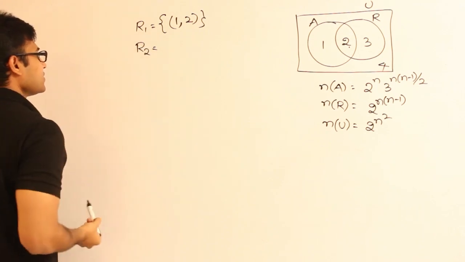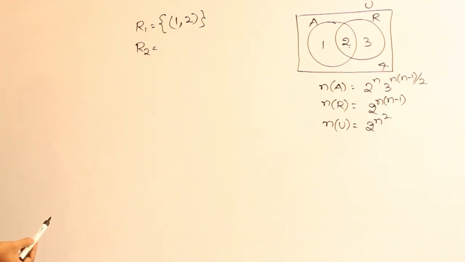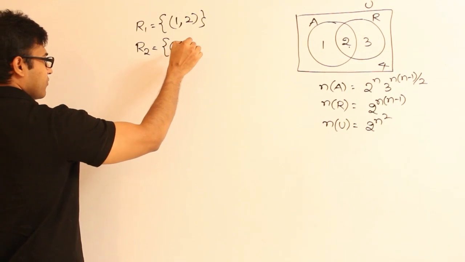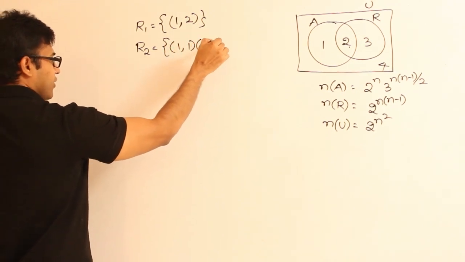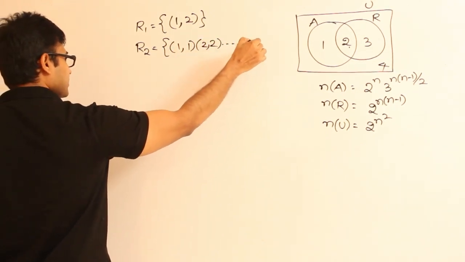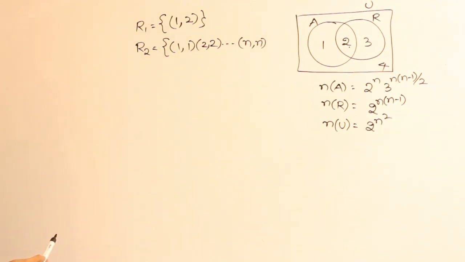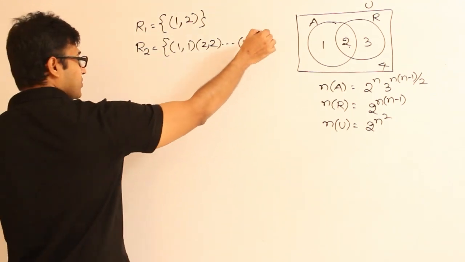Give me at least one example which is both antisymmetric as well as reflexive. If you want something which is reflexive, we have no other escape, you have to include all the diagonal elements. This is the smallest relation which is reflexive, and it also happens to be antisymmetric.